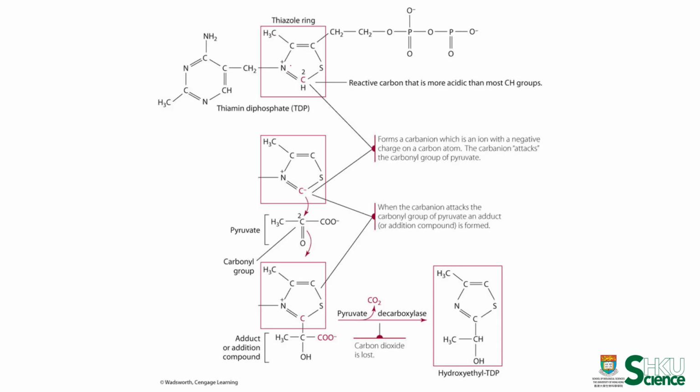Thiamine participates in energy metabolism by assisting the conversion of pyruvate into acetyl-CoA. The first step is when the reactive carbon on the thiamine molecule attacks the middle carbon of pyruvate to form an adduct, which then has a carbon dioxide molecule stripped off with the help of pyruvate decarboxylase to form a molecule called hydroxyethyl TDP.